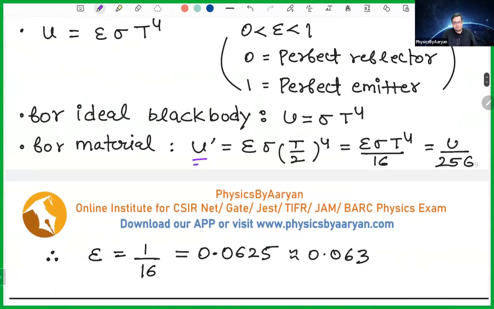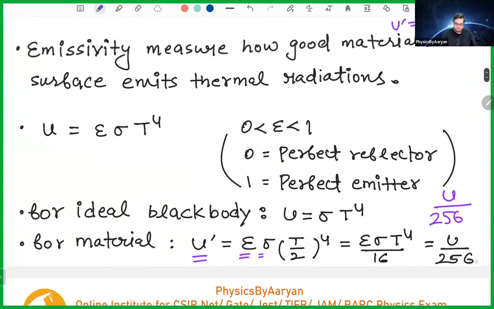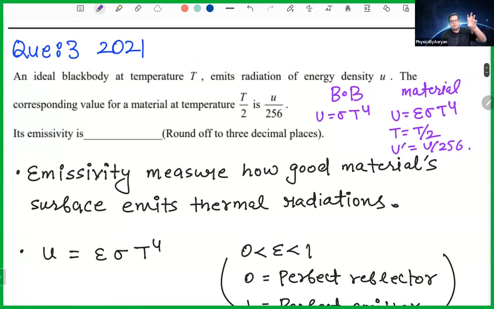U dash is given by epsilon sigma T to the power 4, but the temperature of the material is T by 2, so I have to do T by 2 to the power 4. So this will give me epsilon sigma T to the power 4 by 16. And the energy density of this material is given by the energy density of the black body divided by 256.